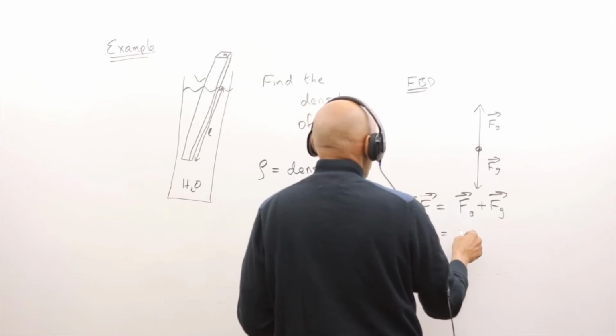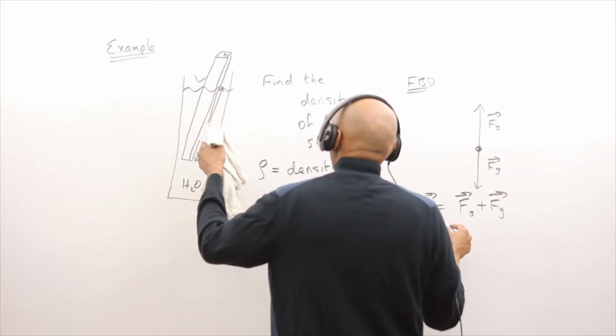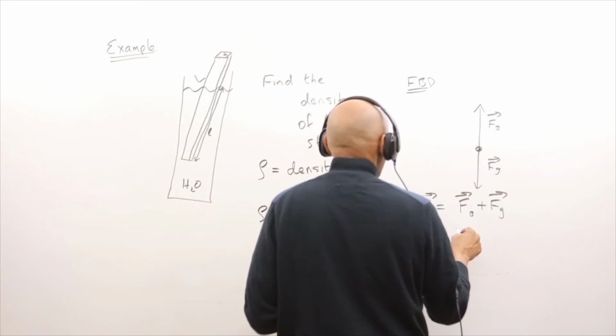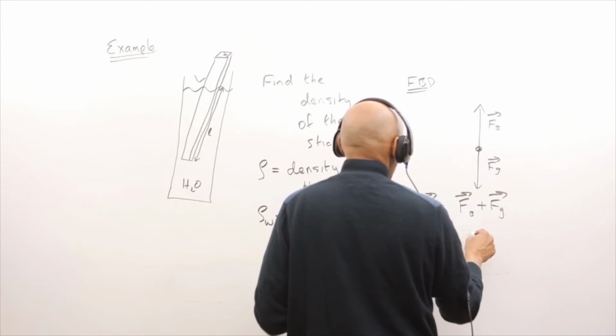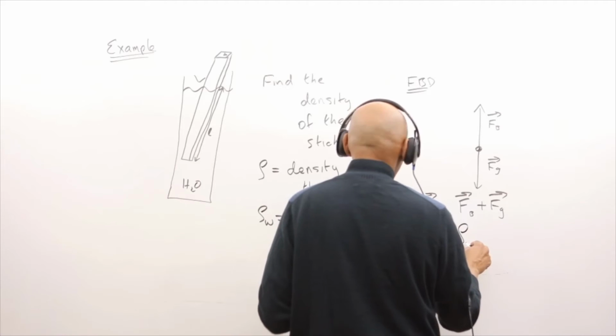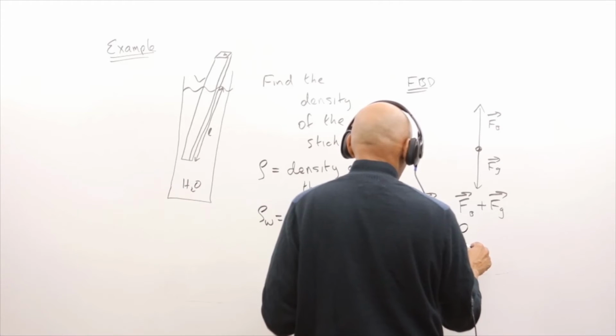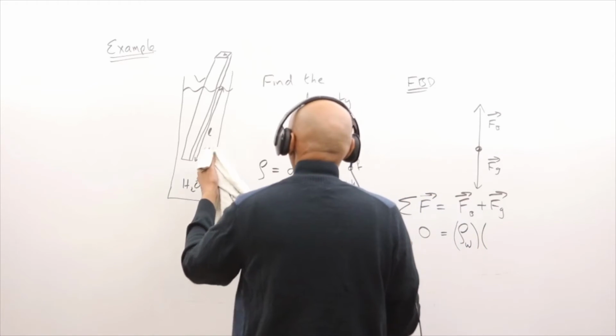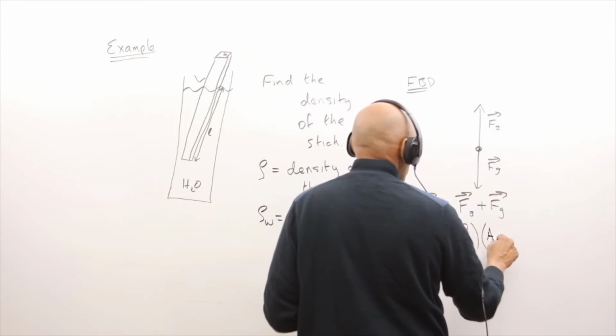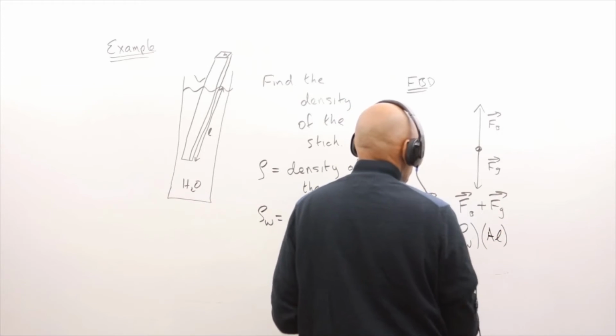So I know that the displaced volume of the stick underwater is given by the density of the liquid, which is water, so let's put that in, rho W. The volume that's being displaced is area times lowercase l.